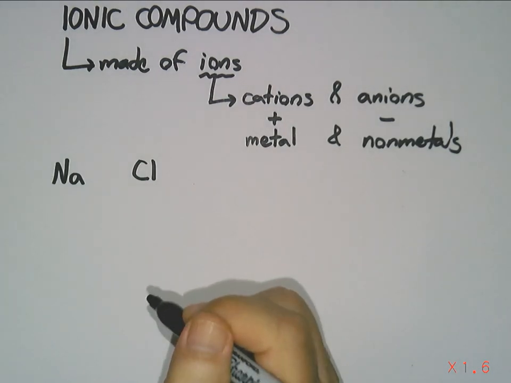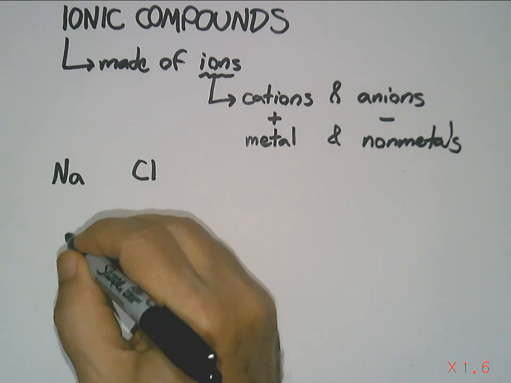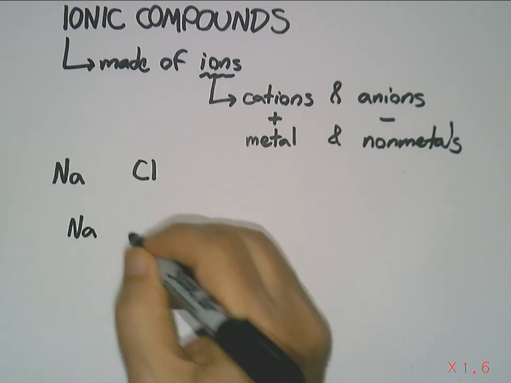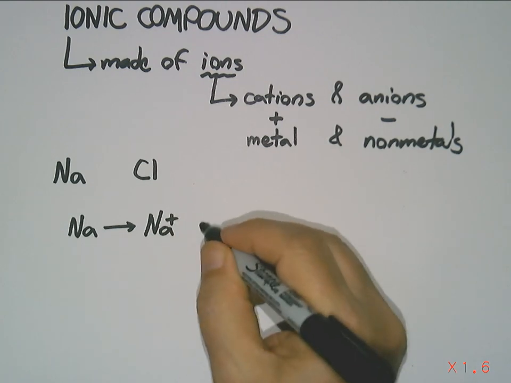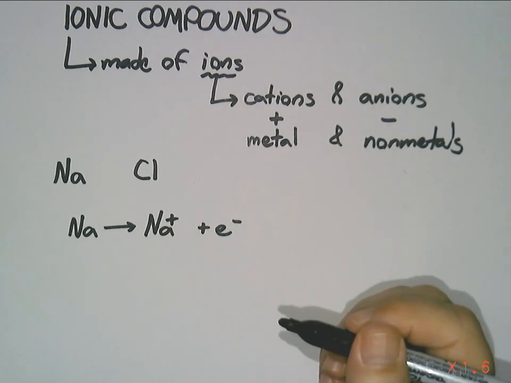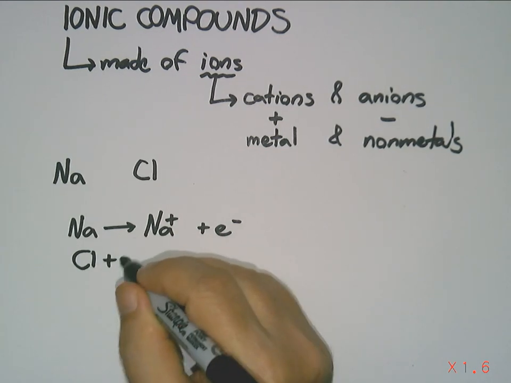So what's going to happen to these two atoms when they come together is that the sodium is going to lose an electron, and the chlorine is going to grab that electron.